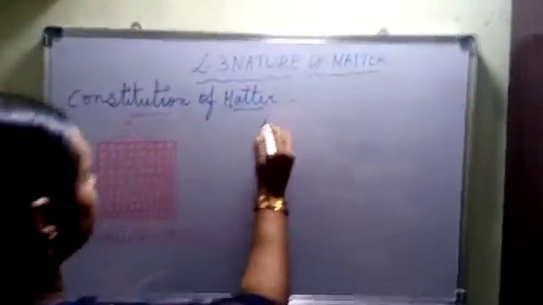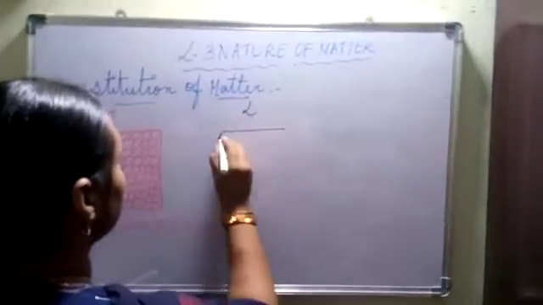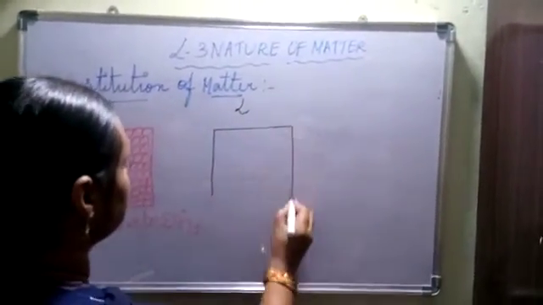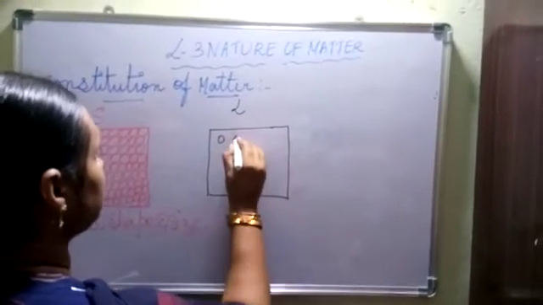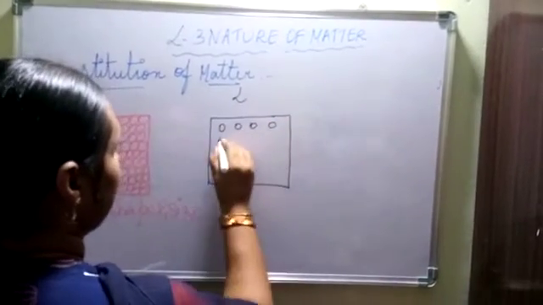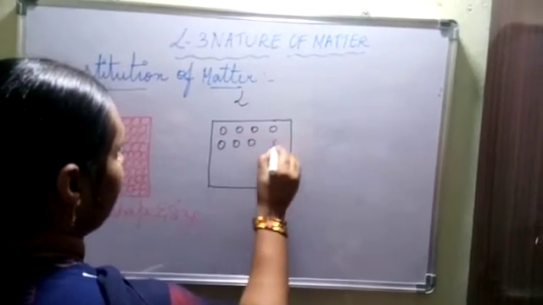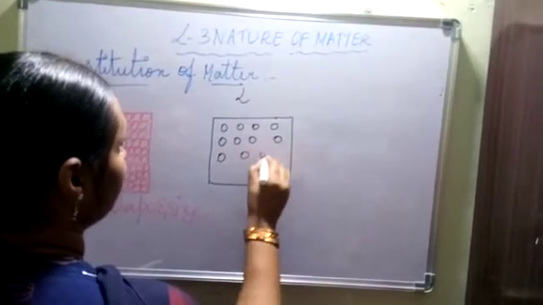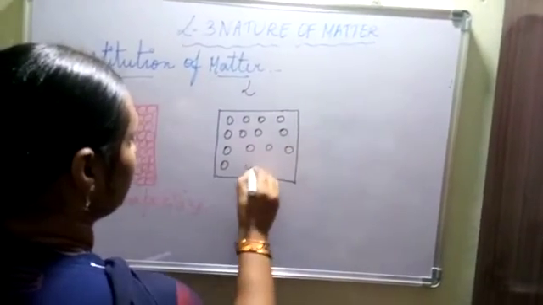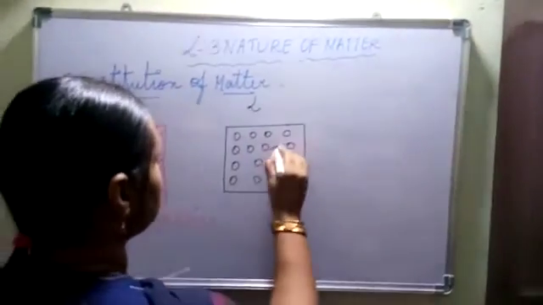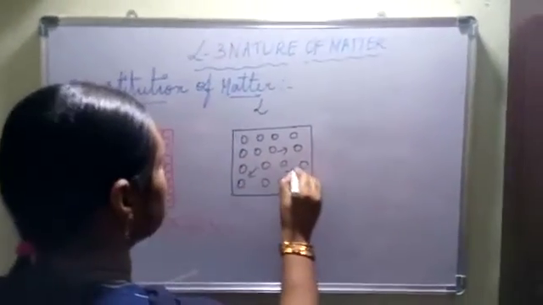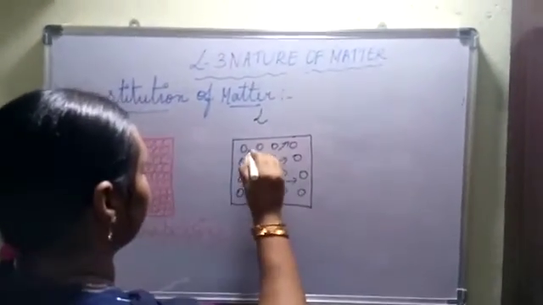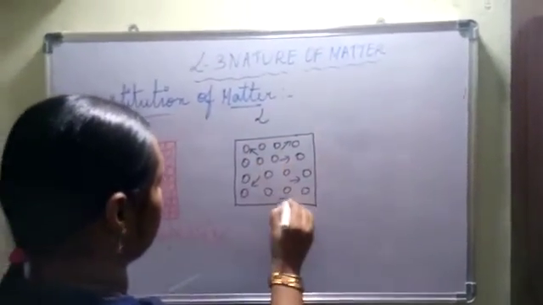Now coming to liquids. The particles present in liquids are less tightly packed when compared to solids. When they are less tightly packed, they have little space to move from each other.